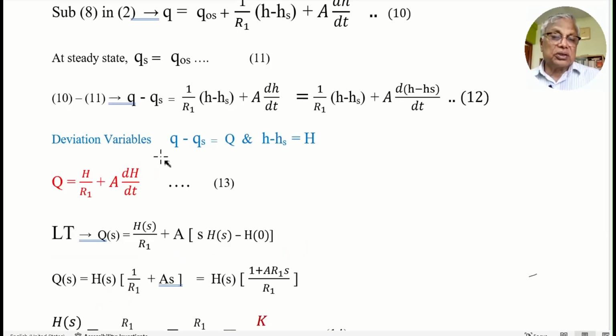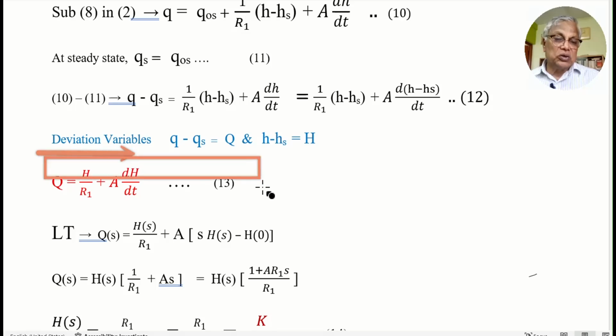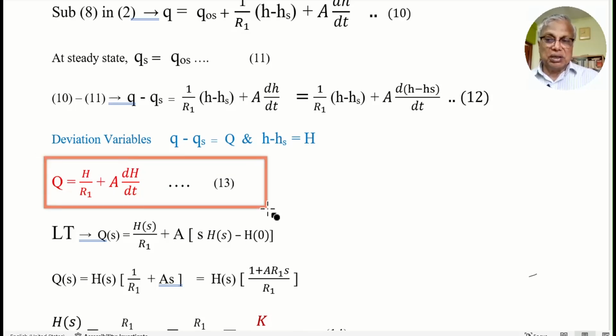After substituting these deviation variables in equation 12, it becomes this. So what is this? This is a first order linear ordinary differential equation, right? Which can be easily made into the form of a transfer function.